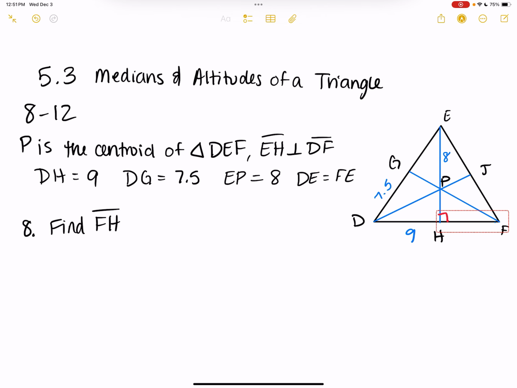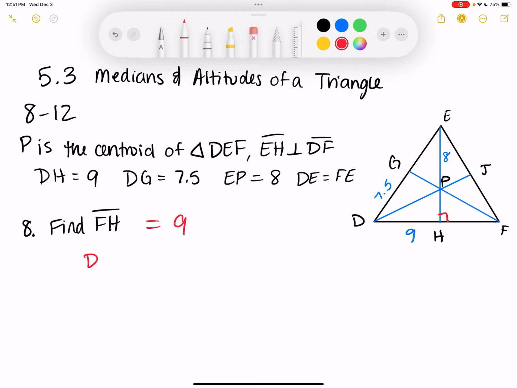All right, so we know that this comes down through and is intersecting at its midpoint. So what does that mean has to be true about FH? Yep. So this is equal to 9 because DH is equal to 9, which is equal to FH.